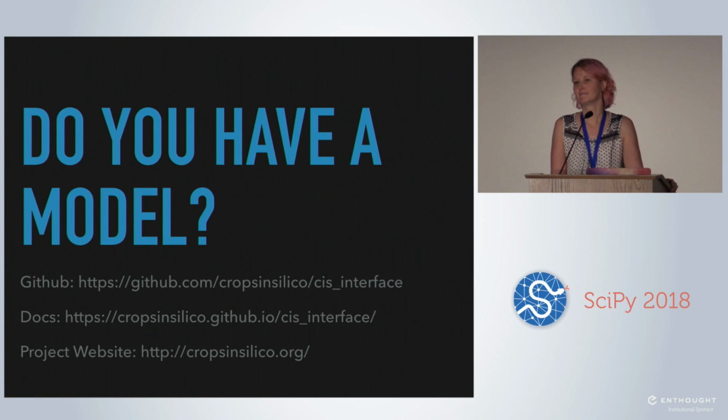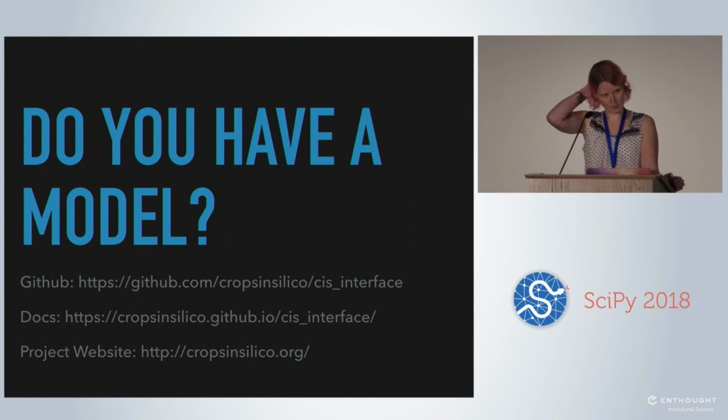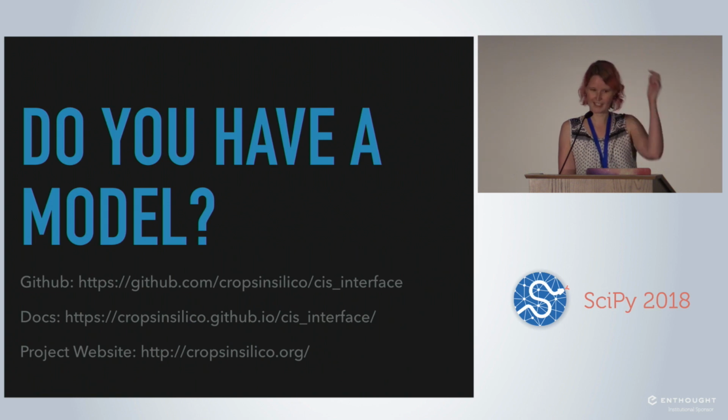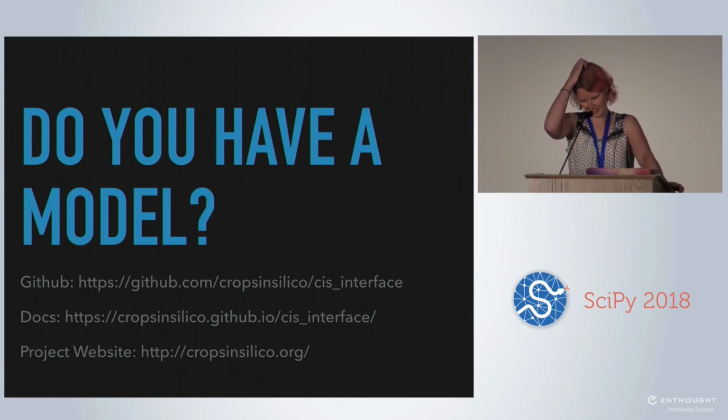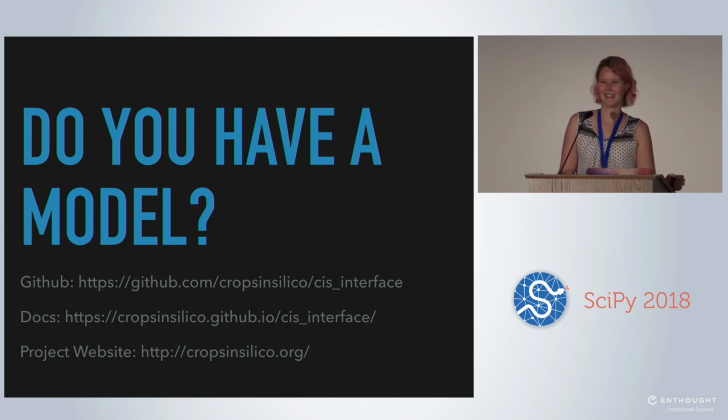Okay, I have one. You mentioned that building a community around these shared models is one of your goals. Can you speak to how that's going in terms of getting adoption from domain scientists? So Crops in Silico as an organization is in year 3, I think, and we've had 3 annual meetings with attendance from, I had the numbers on this recently, like 15 different institutions, and we're having another workshop in three weeks.